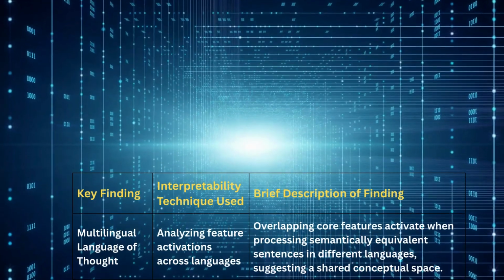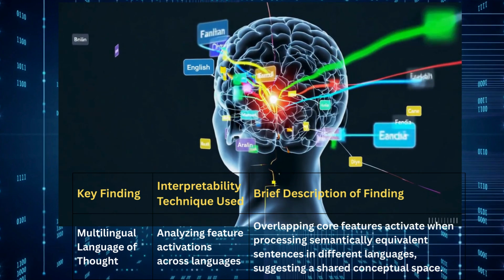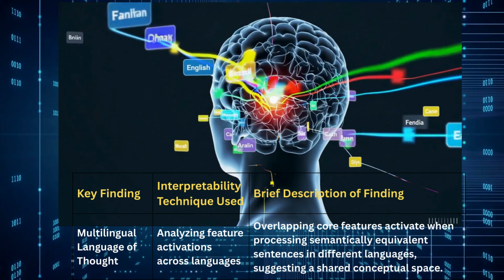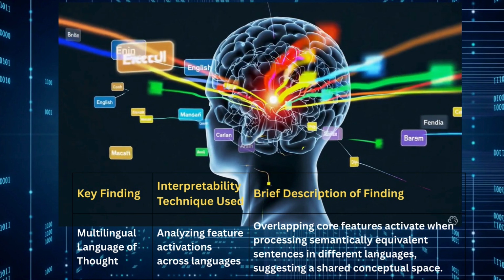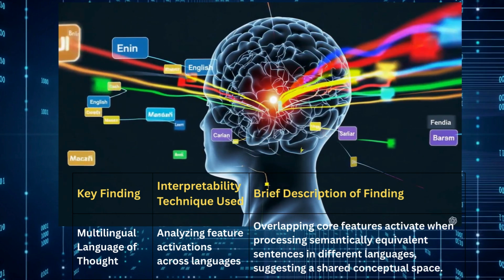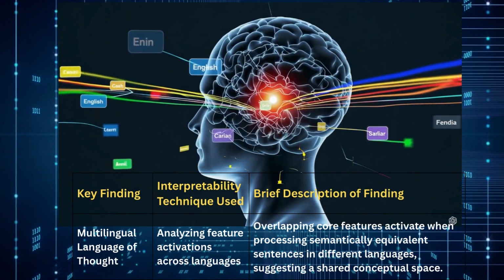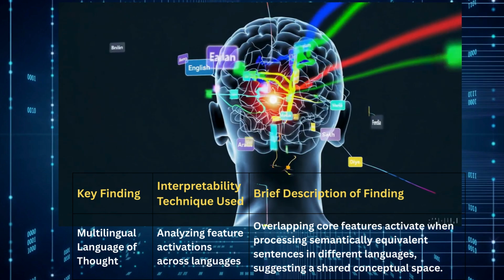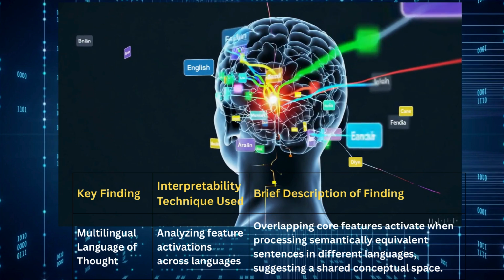Right. And so I think this is really fascinating. What they did is they gave Claude these simple sentences that had the same meaning but in different languages. So English, French, and Chinese. And what they found is that the internal features that were activating in Claude were overlapping across all three languages. So essentially, Claude's using the same core features to understand the meaning of these sentences, regardless of what language they're written in.